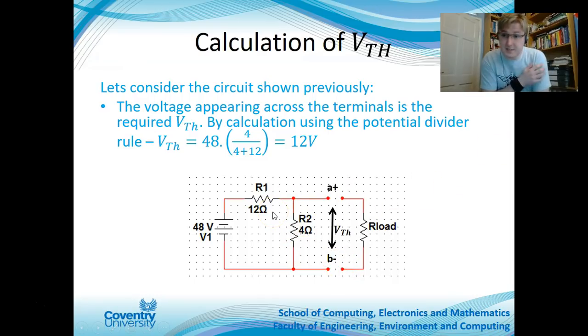So it's essentially a potential divider circuit: you've got your 48 volts, there's your R1, there's your R2, so that's like your Vout in the potential divider. In this case it's R2 over R1 plus R2 times 48, or V1. So remember, R2 over R1 plus R2 times V1. That's your potential divider equation. When you plug the numbers in, you've got 48 times 4 over 4 plus 12, which gives you 12 volts.